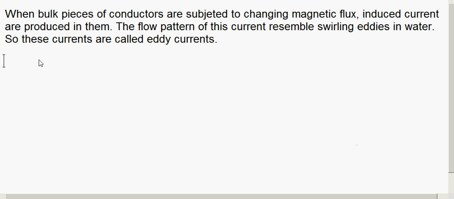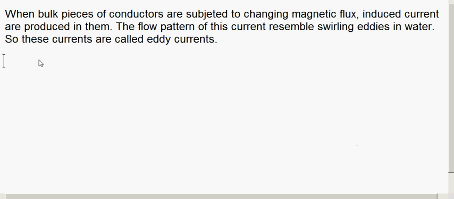For example, according to Lenz's law, what happens? The eddy current set up in the conductor flows in such a direction so as to oppose the change in magnetic flux linked with it. Now, in order to continue the change in magnetic flux linking with the conductor, some work has to be done.